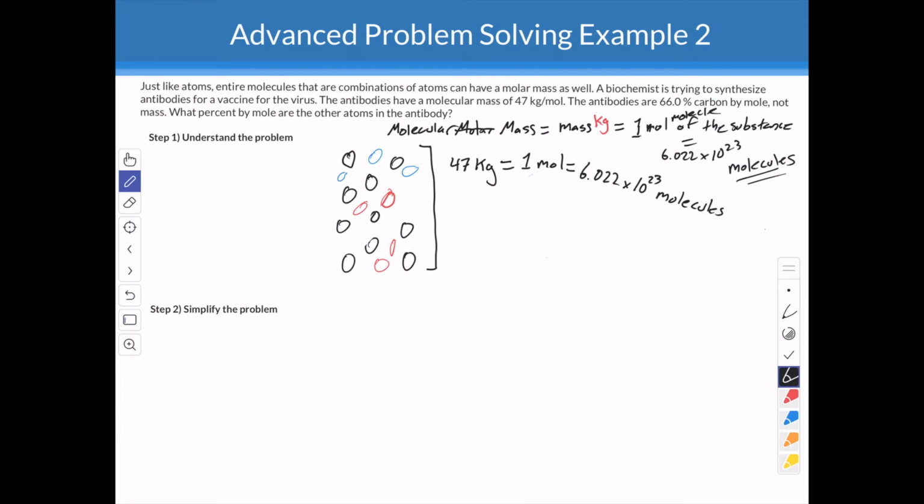Okay. Now, it says that the antibodies are 66% carbon by mole, not mass. So maybe we should do that in our picture.